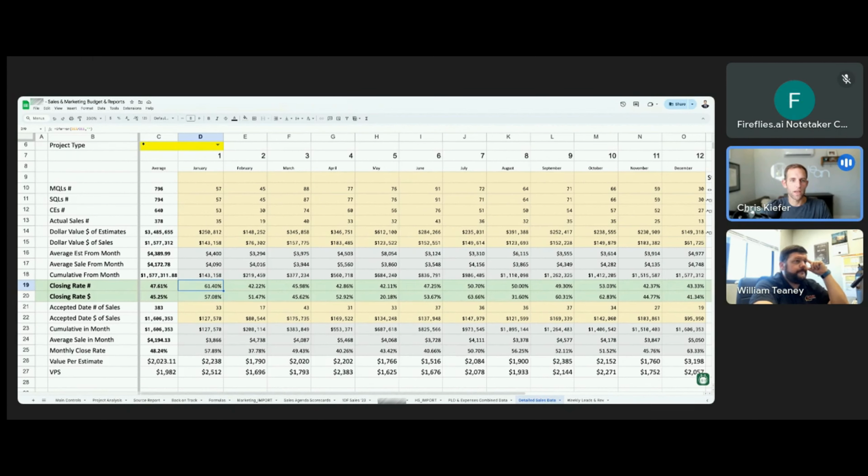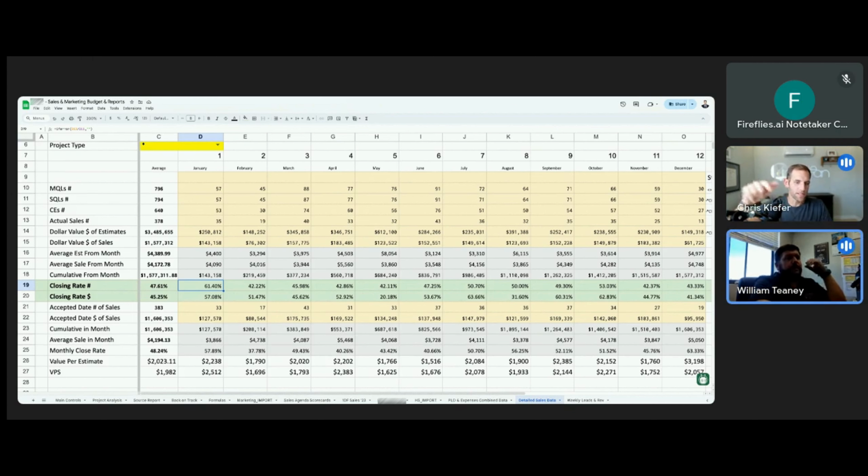And that's also why I found that Paint Scout can be very confusing to people, because Paint Scout gives you a close rate, but they're not explaining the math that they're using to get it. And your close rate in their system, I believe, is based on estimate date. So if you close a job 4 months later, your close rate historically is changed in the month that you estimated that job.